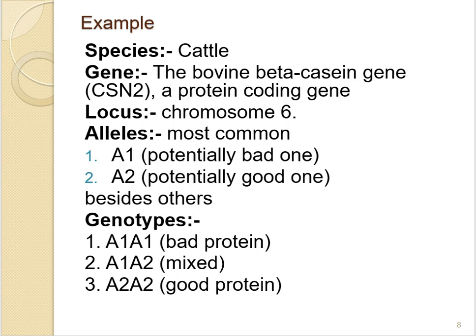There are many alleles, but the most common ones are A1 and A2. A1 is considered the bad one, and A2 is considered the good one. Based on these two alleles, cattle have three genotypes. A1A1 produce bad protein in milk, A1A2 produce mixed protein in milk, and A2A2 release good protein in milk.